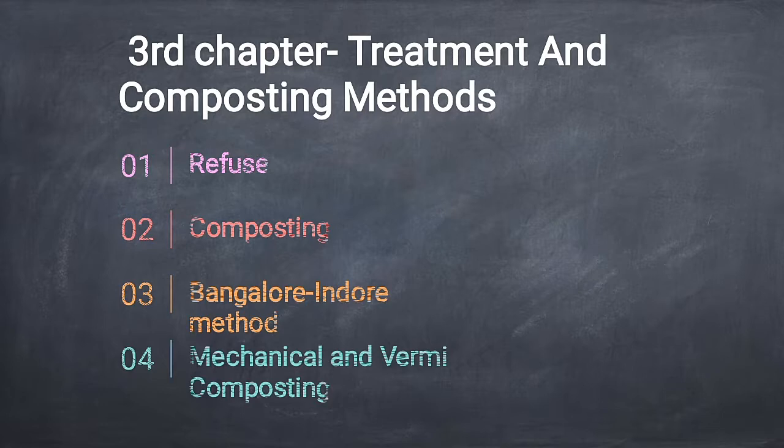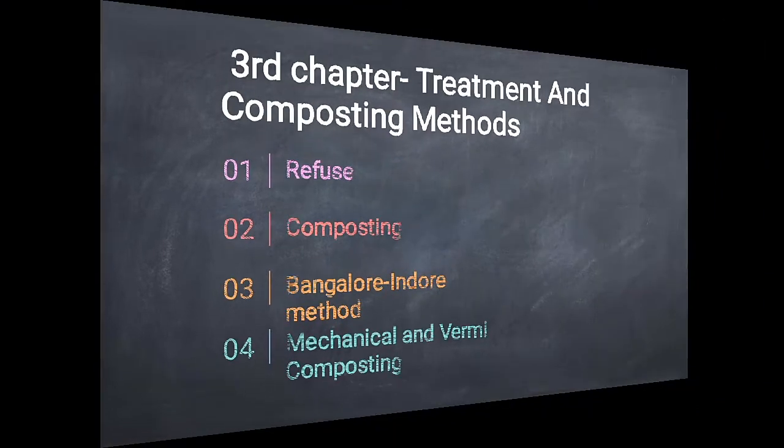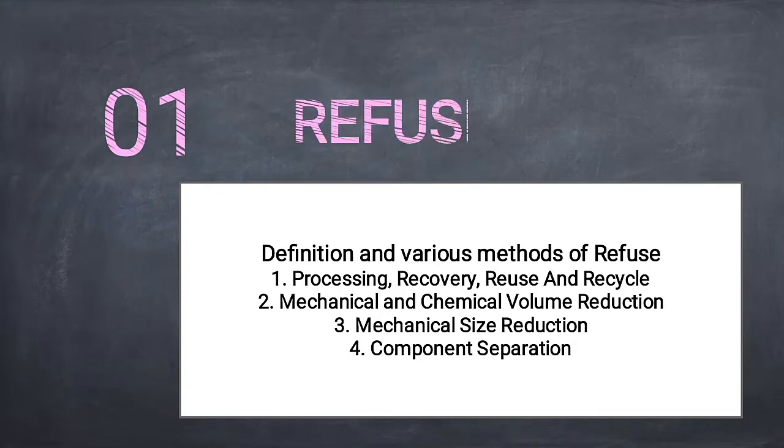Mainly the refuse we are going to discuss, and then the composting methods followed, and the Bangalore method, indoor method of composting, mechanical and vermicomposting. Basically in case of refuse we have to learn the definition and its various methods.